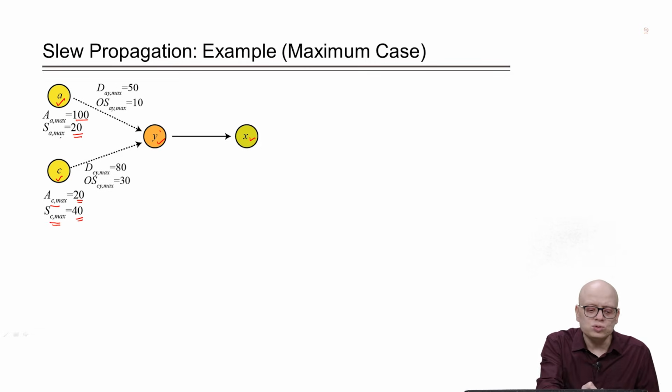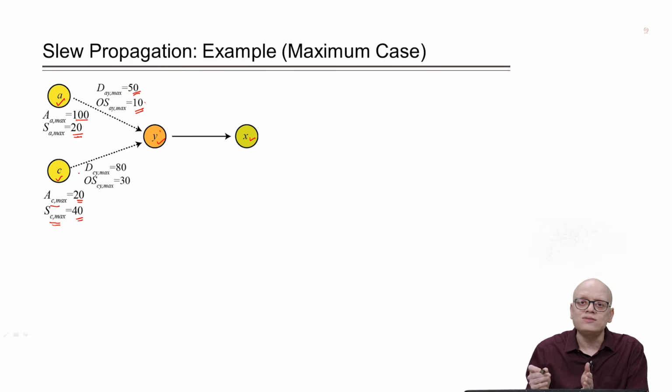Now, corresponding to this input slew of 20, the delay corresponding to the arc A to y is 50 and the output slew is 10, right. These are the given data, assume that these exist in a circuit, then we will derive how the slew will be propagated to the vertex y, right.